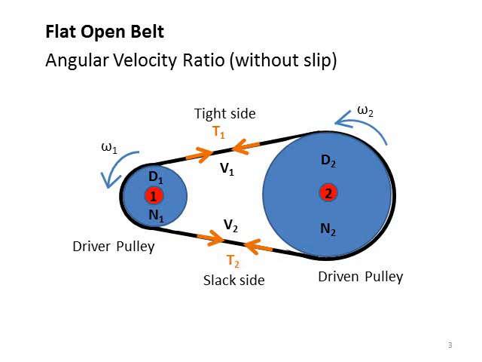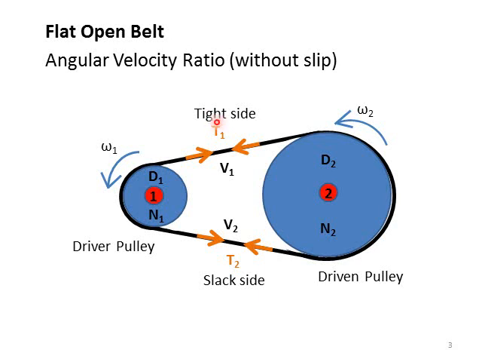So the tight side is defined as the side where the belt is pulled by the driver pulley, and the slack side is defined where the belt is pushed by the driver pulley.